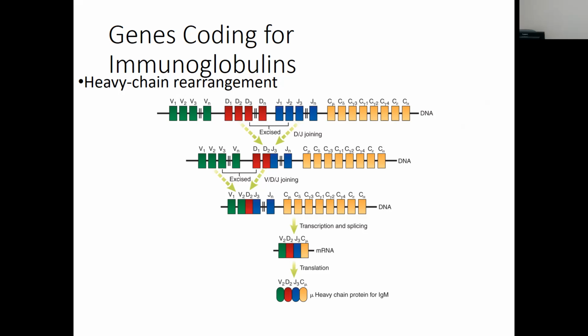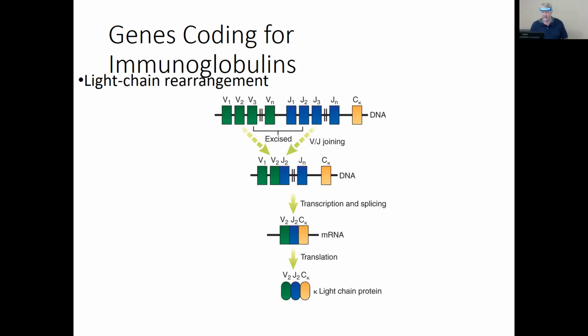All right, so you should know that this is VDJ. That's the variable region. This is the constant region. And we're going to rearrange this depending on what was needed until we get all the way down to translation and we have what we want, okay? So that's going on in those lymphocytes. That would be a heavy chain.